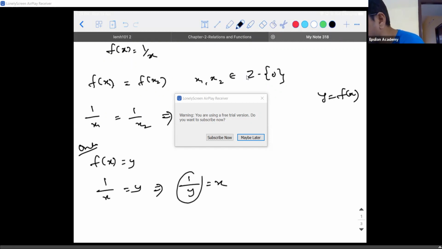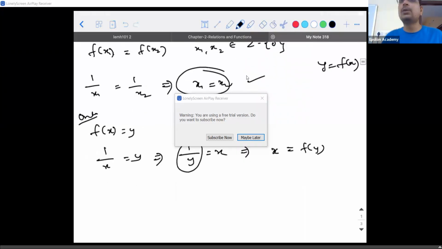So x is written as f of y, correct? To find the domain, you do only one thing. f of something is there. In that something you have to give input values and check whether you are getting the values on the left hand side. So f of y means what inputs will I give according to this question? x is equal to 1 by y, that's the meaning.